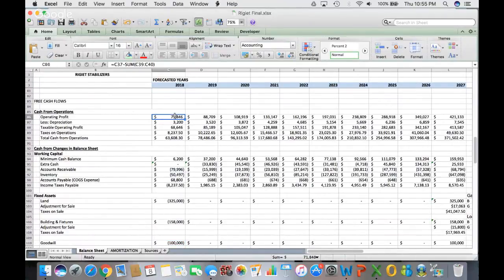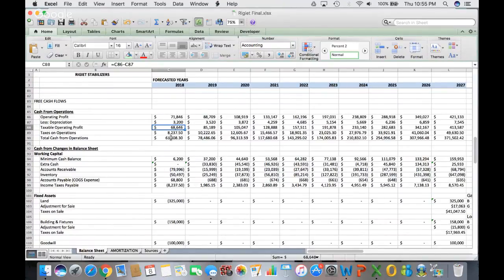We have our operating profit, less the depreciation, the tax on the operating profit, and that is referenced from just taking the operating profit minus the depreciation.